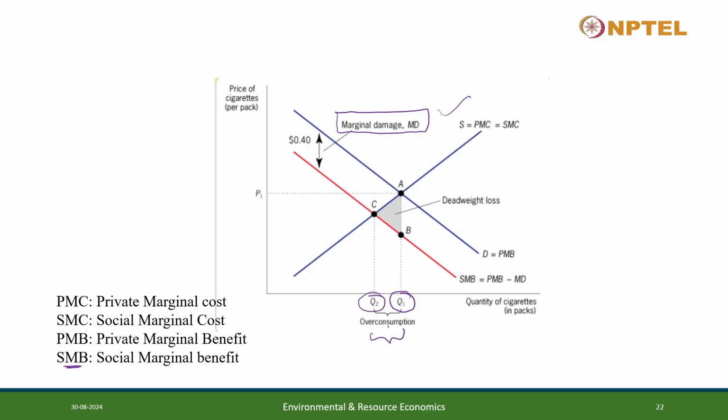If we subtract Q2 from Q1, you get the overconsumption which a person does because of not considering the externality in their price. If I don't have to pay for the environmental degradation, I will consume more. However, if I have to pay for it, then I will consume less.